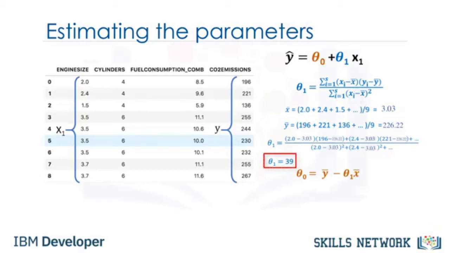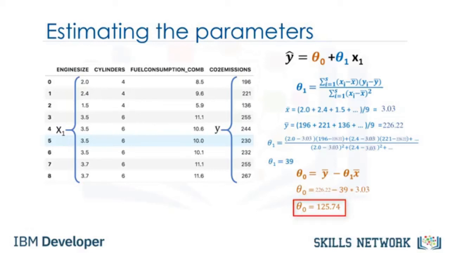It is used to calculate the first parameter, which is the intercept of the line. Now we can plug theta 1 into the line equation to find theta 0. It is easily calculated that theta 0 equals 125.74. So these are the two parameters for the line, where theta 0 is also called the bias coefficient and theta 1 is the coefficient for the engine size column.